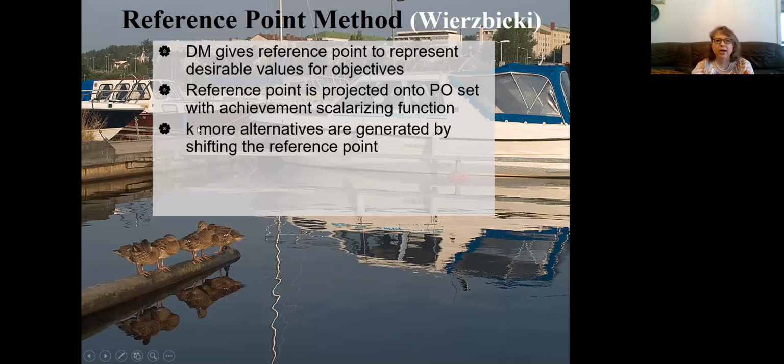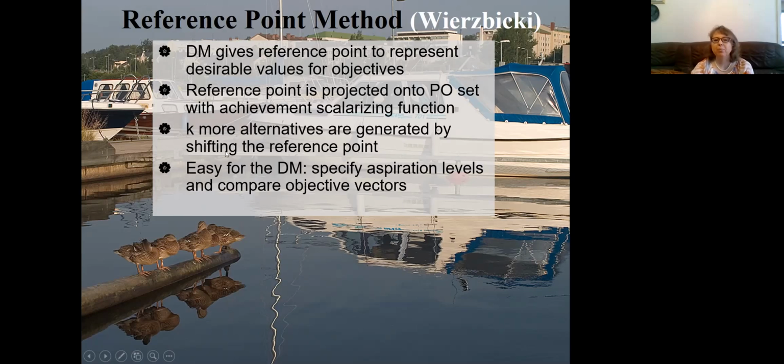And in addition to that, the reference point is shifted coordinate-wise, so that we get k more solutions corresponding to the shifted reference point. So k stands for the number of objective functions here. So in that way, the decision maker gets k+1 solutions to compare and provides a reference point as preference information.